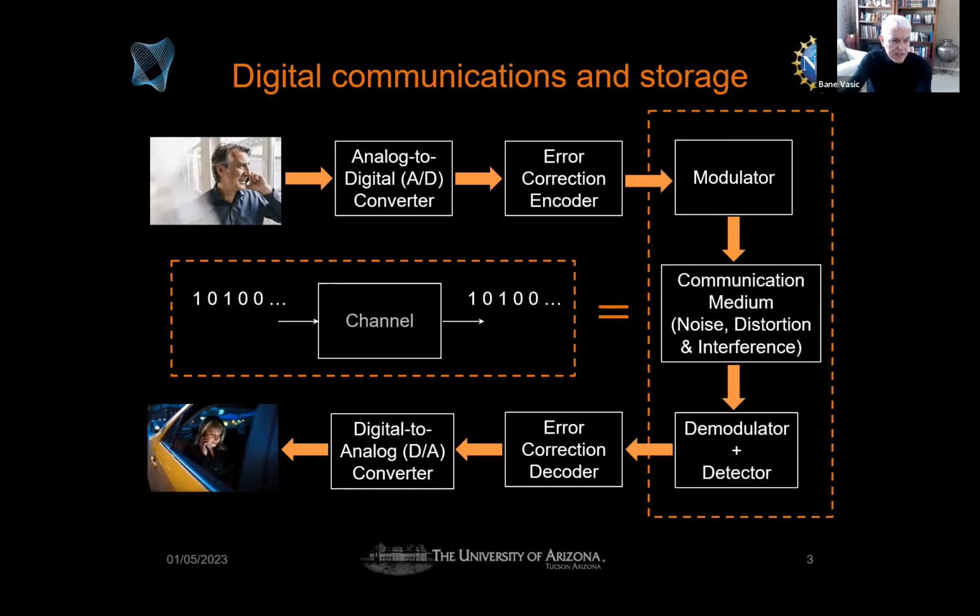So our goal at the receiver, which is shown at the bottom, is to recover the signal. We first demodulate and detect the signal, convert it to a binary string, and then do error correction decoding, and then convert these binary strings to an analog signal.